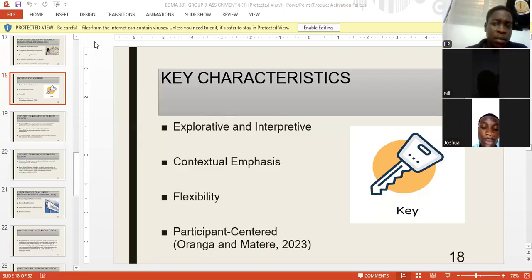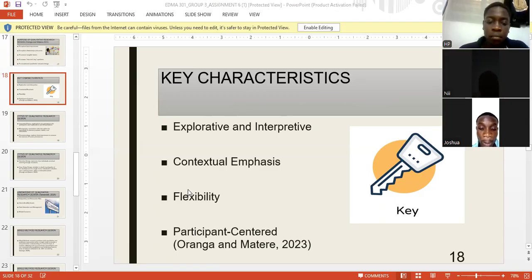And it also has a contextual emphasis. So here, the emphasis is clear, right? Based on a particular topic, a particular problem you're tackling. According to qualitative research, its key characteristic is to make sure that what we are basing on is clear.